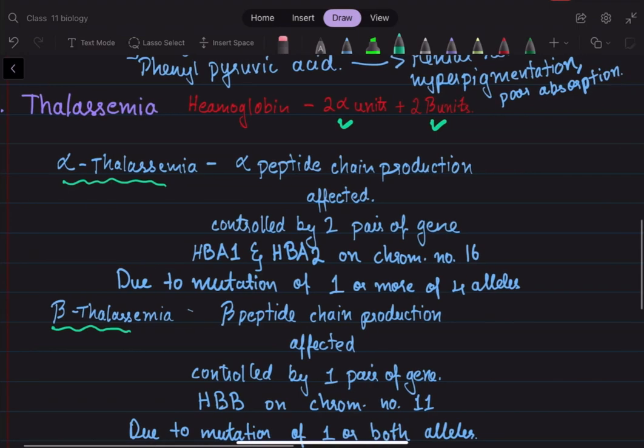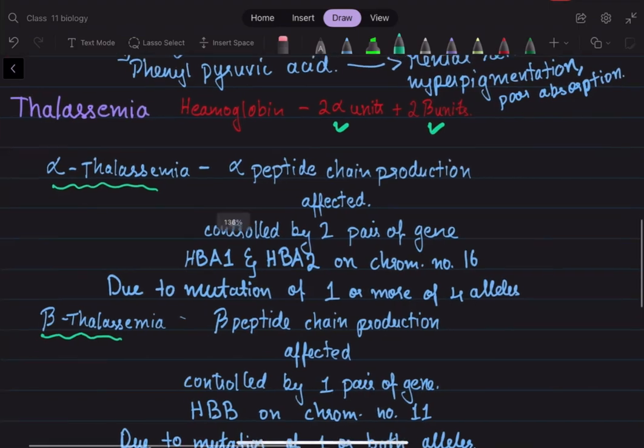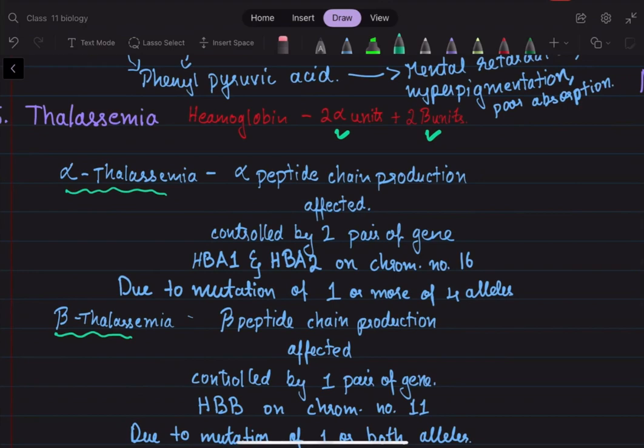The alpha peptide chain production is controlled by two pairs of genes, HBA1 and HBA2, which are present on chromosome 16.